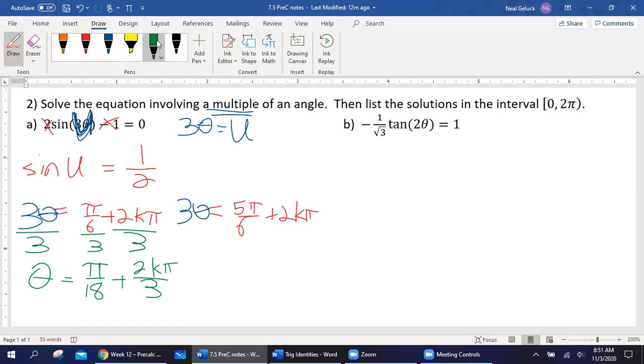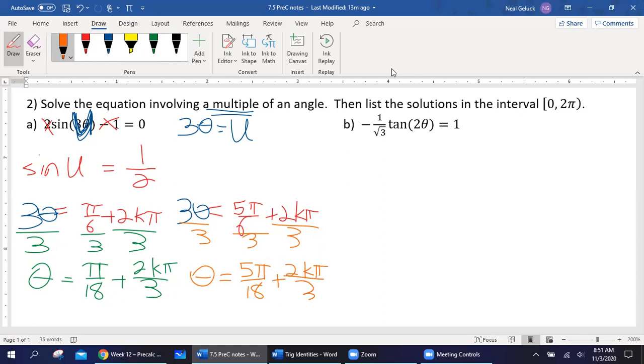And over on the other side, if I divide by 3, I get that theta equals 5 pi over 18 plus 2k pi over 3.